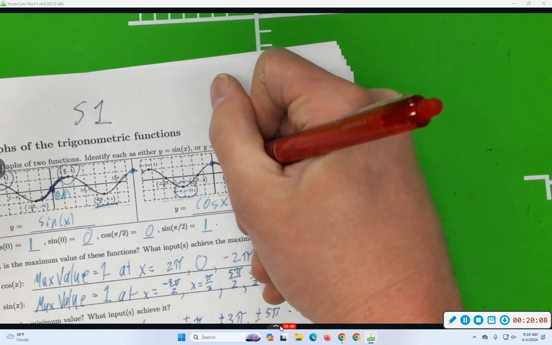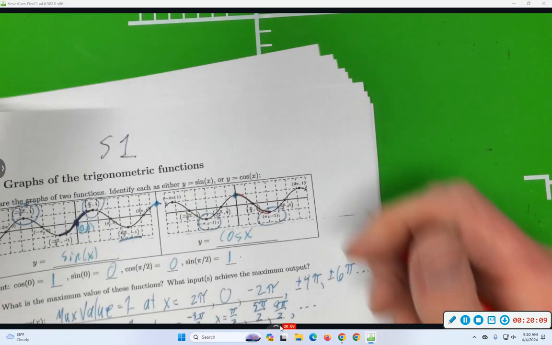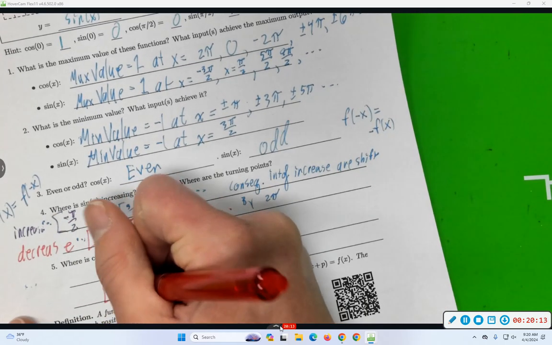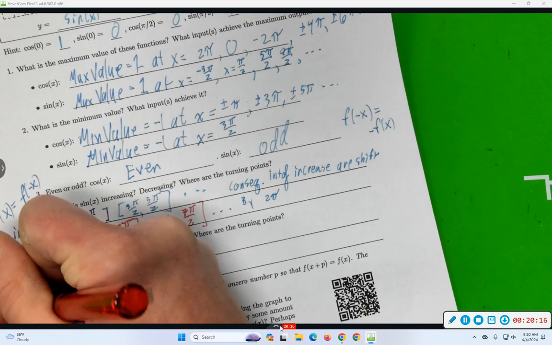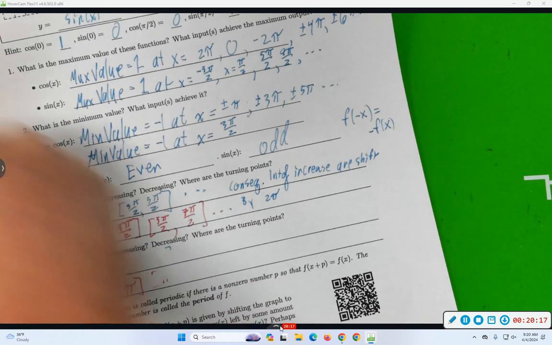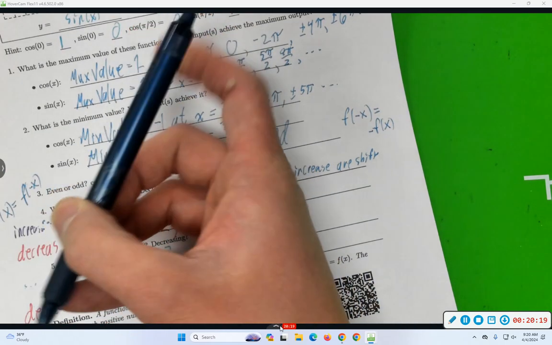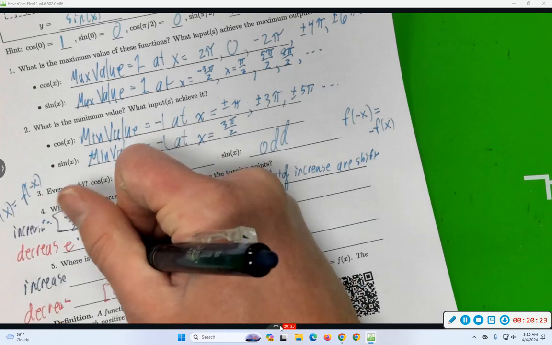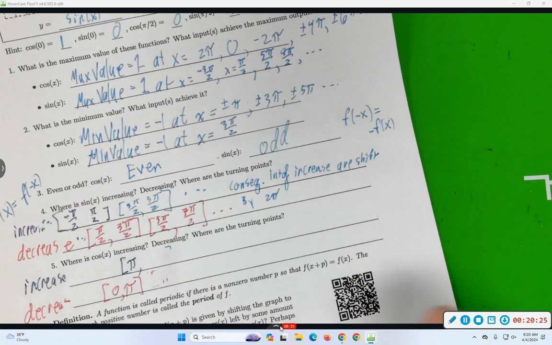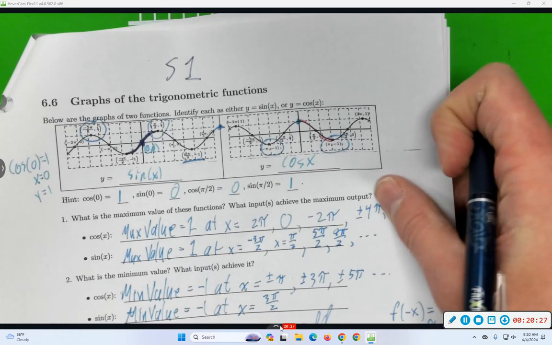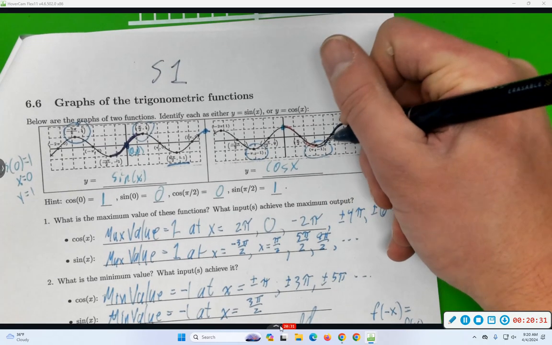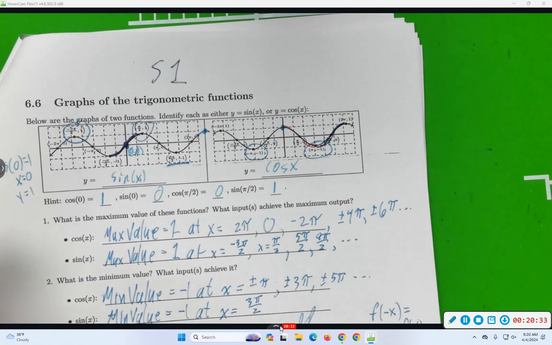Right, from 0 to pi, cosine is decreasing. 0 to pi is an interval of decrease. At pi, it starts increasing. How long does it keep increasing? Till 2 pi.